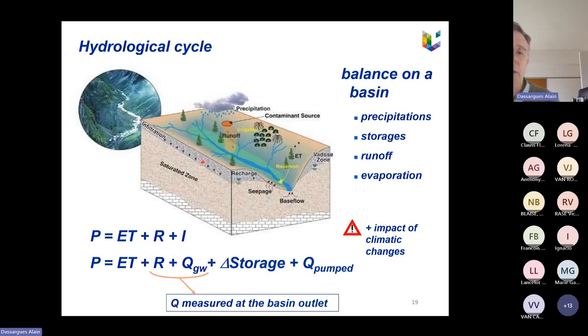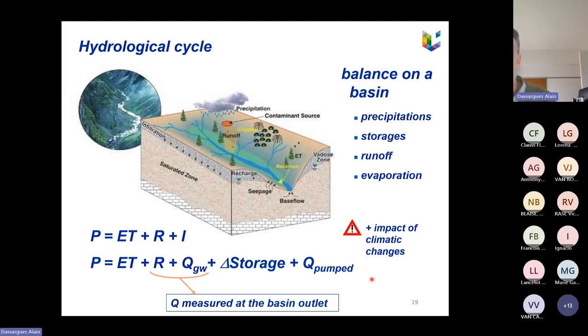You have also pumping in the basin and so on. So water that is going out of your local balance because you are pumping the water, you are using that water, and maybe you are injecting water in another basin.